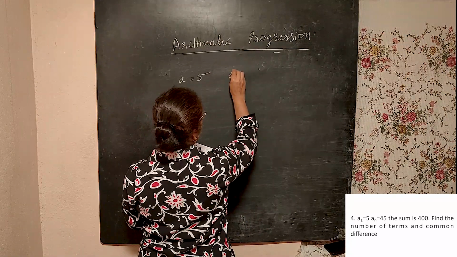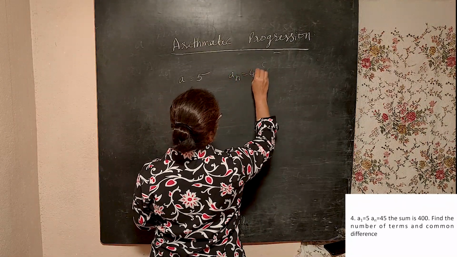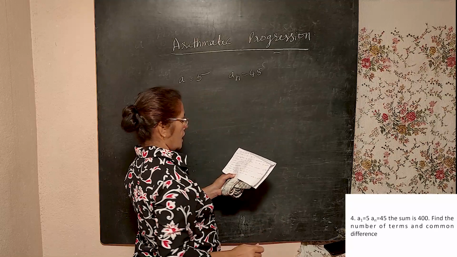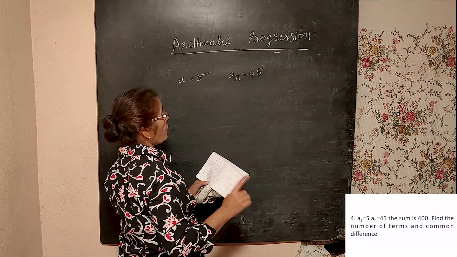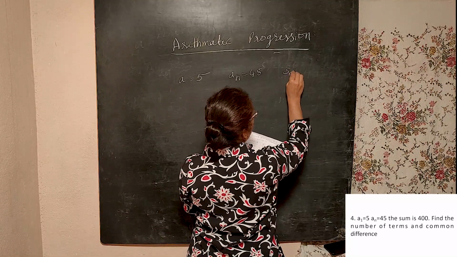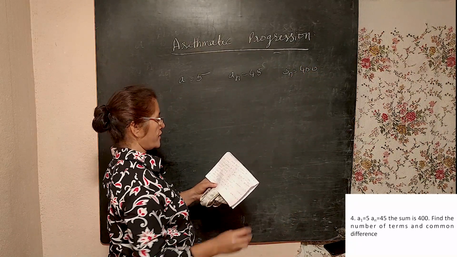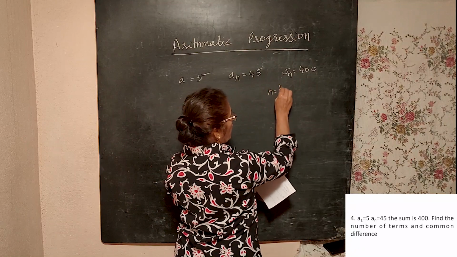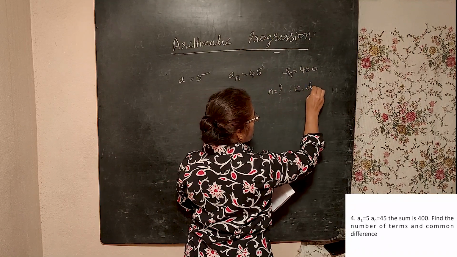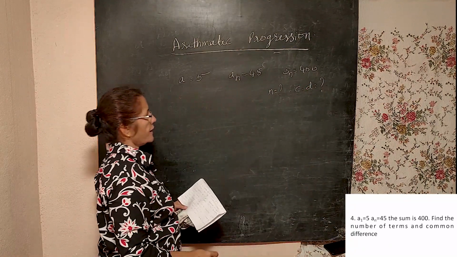Last term is 45, An = 45. And the sum is 400, Sn = 400. Find the number of terms, n is equal to how much? Common difference is equal to how much?